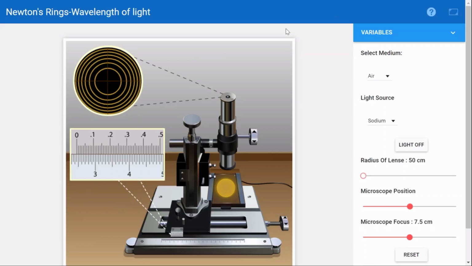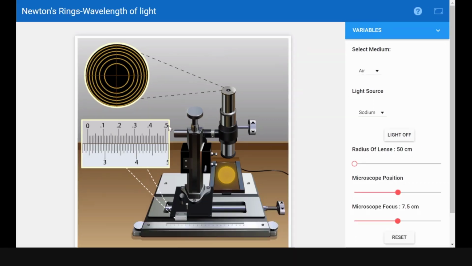Now we will go for the number of divisions on vernier. Vernier means the upper scale. How many total divisions are there on the vernier scale? Between 0 and 0.5, you can see it here: 0, then 0.1, 0.2, 0.3, 0.4, 0.5. 50, right?